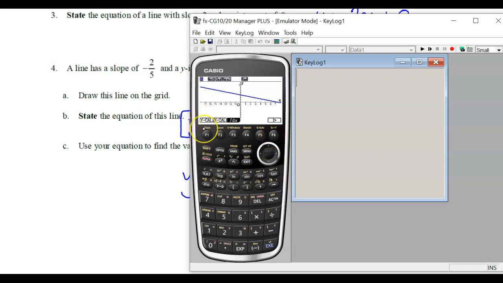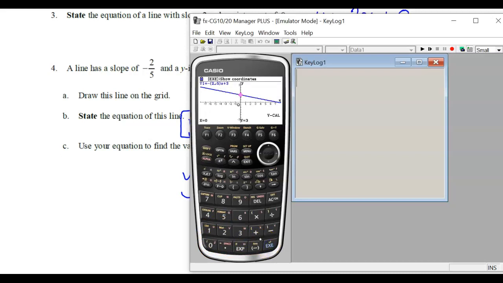If I do an x calculate, it's going to ask me for a y value, so I want to do a y calculate. So I'm going to do an x calculate. Okay, so my x value of 0 should give me my y-intercept.